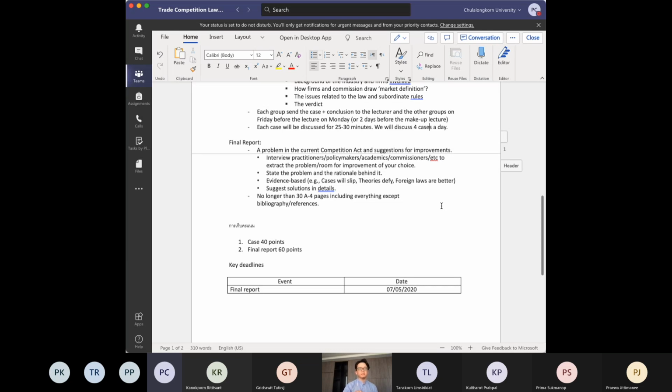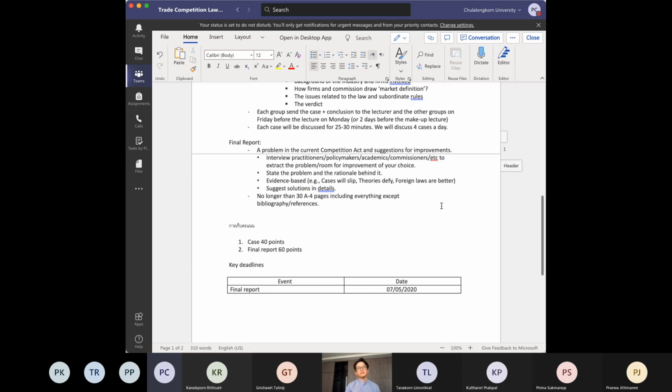You should interview practitioners, policymakers, academics, commissioners, or anyone that you can come up with, and you think that person would be able to tell you what the problems are, or what areas in this particular act or its implementation could be improved. Then you state the problem and the rationale behind it.